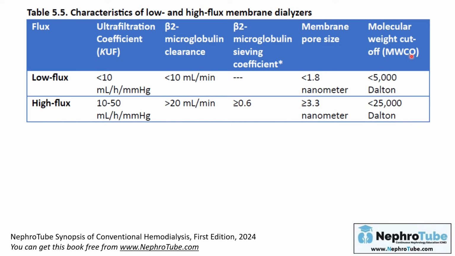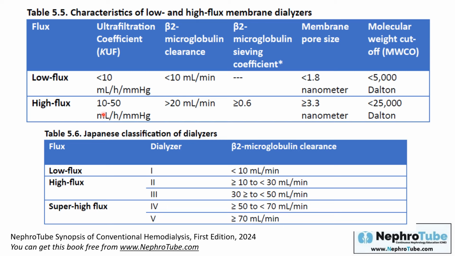I want to show you also the Japanese classification of dialyzers, as in Japan they have the super high flux dialyzers that are commonly used there, and they are not used as much worldwide. The low flux dialyzer, type 1 dialyzer in Japan, has beta-2 microglobulin clearance less than 10. High flux type 2 is from 10 to 30, and type 3 from 30 to 50.